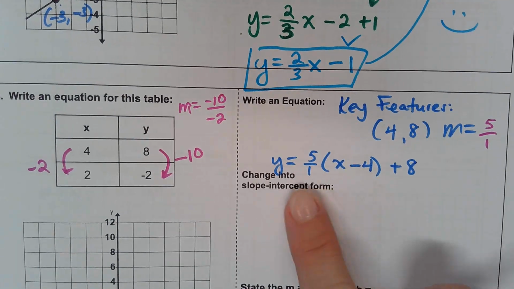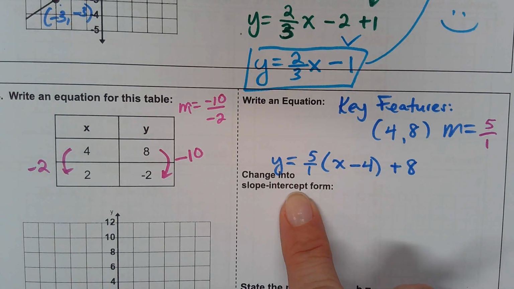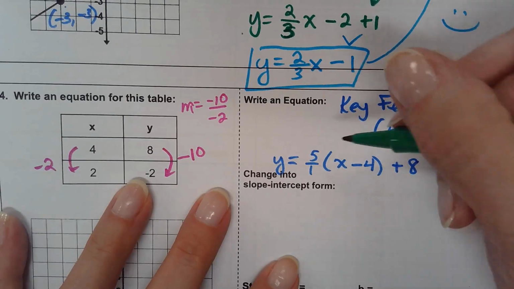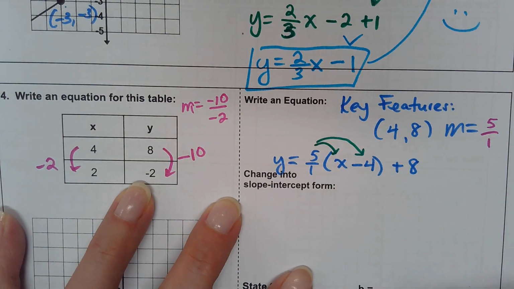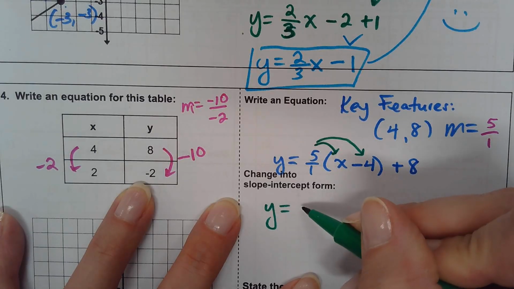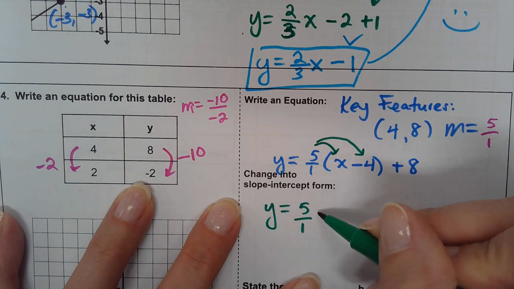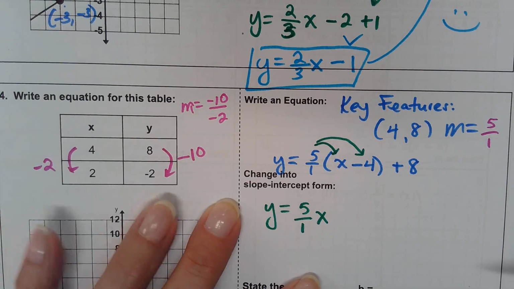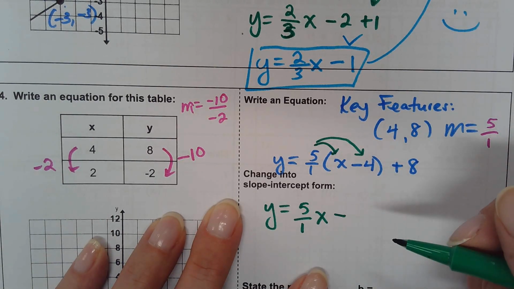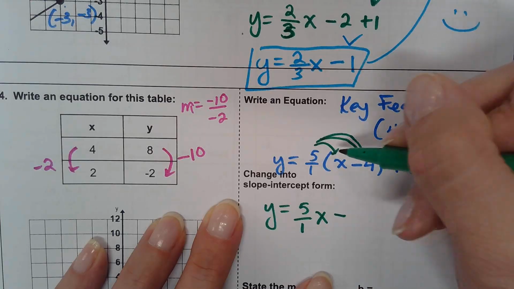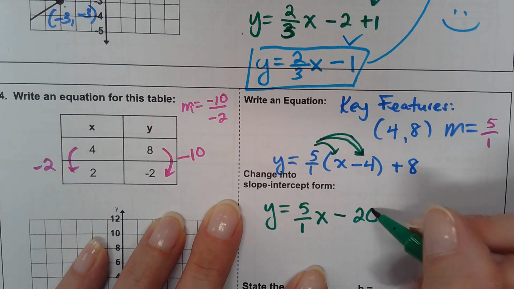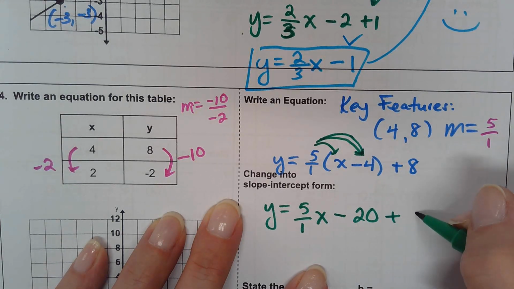Now they want me to change this into slope-intercept form. Okay, I will do that by multiplying the slope into the parentheses. 5/1 x minus 5 times 4 is 20, plus 8.